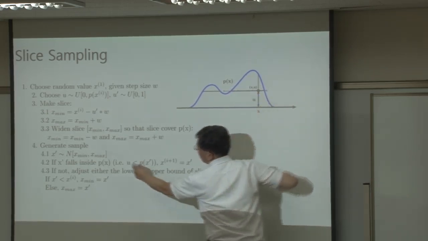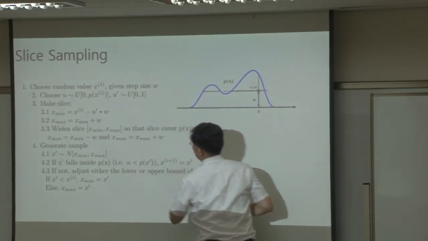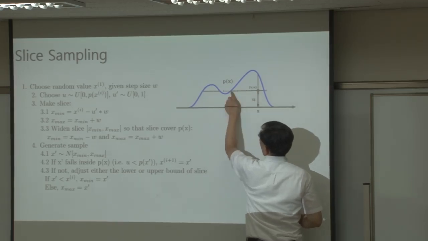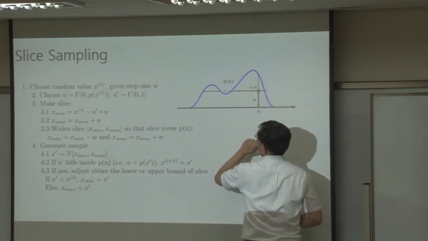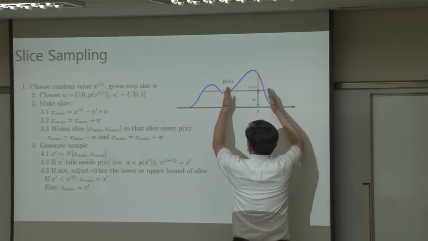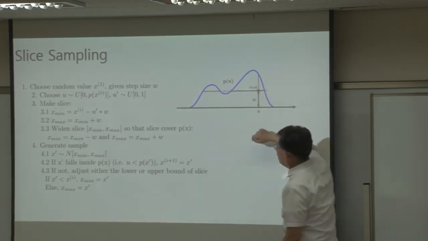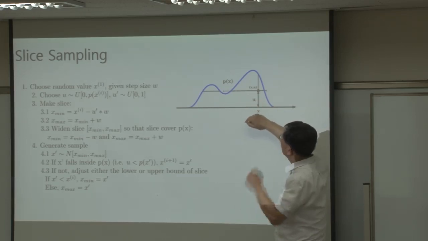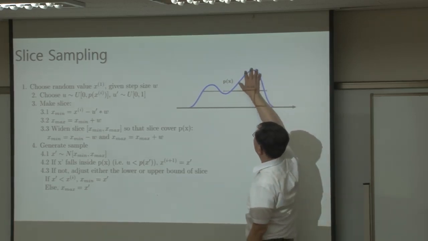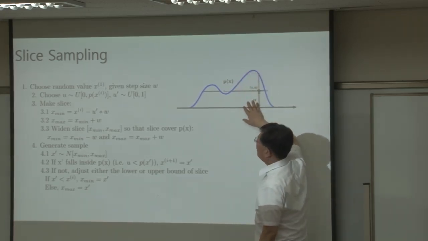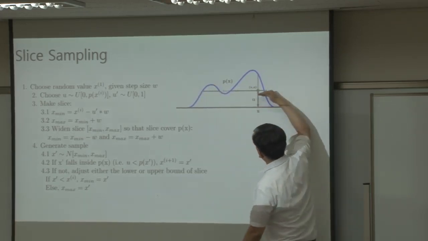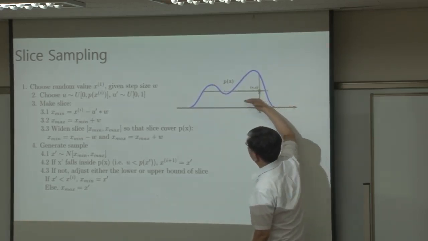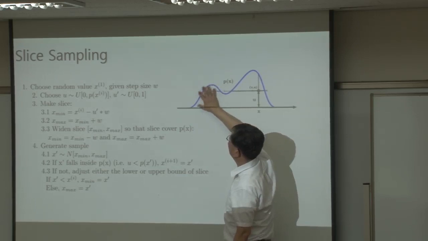If it falls within this interval, then you accept, otherwise you reject it, change the interval again, and sample again. And you can go from this hill to the next hill if you come down a little bit lower. And then you run this.